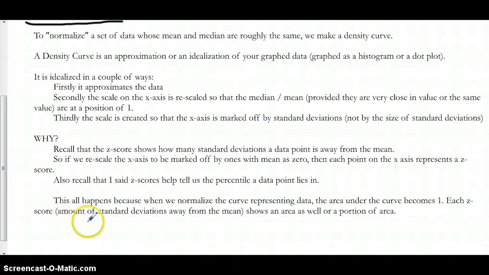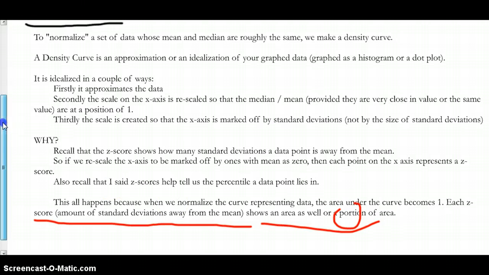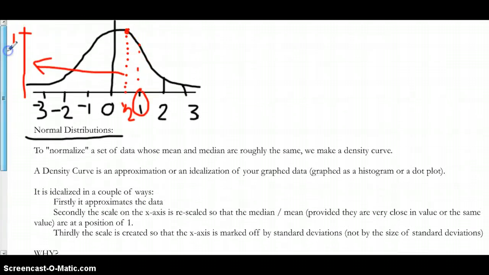So again, remember the z-score is the x-axis there, and that's the number of standard deviations away from the mean. And it's going to show area as well as proportion of area. Whoops, that should say proportion, not portion. Proportion of area, so that we can talk about percentiles a little bit more easily. From one data set to the next, it'll all be relatively the same.